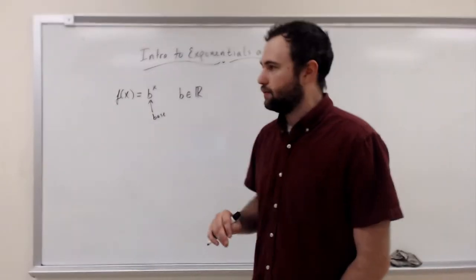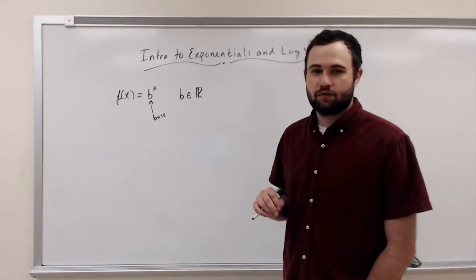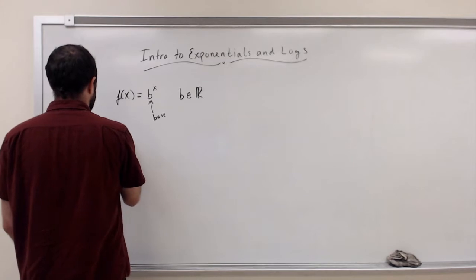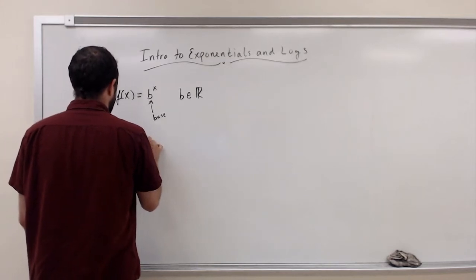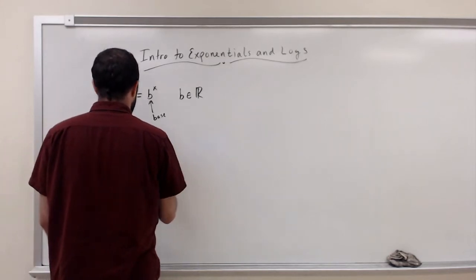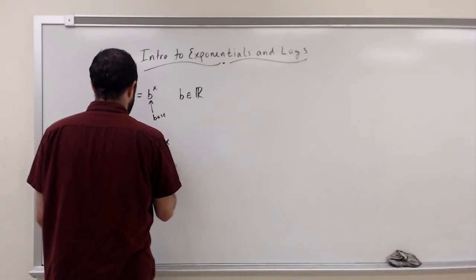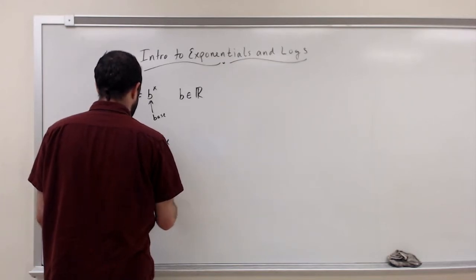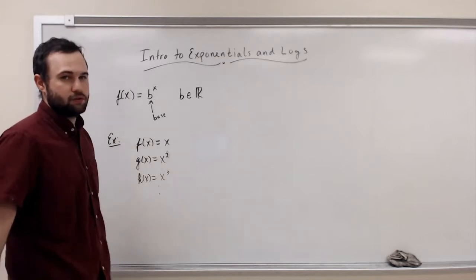function will look like. Now, exponentials are a little different than all the functions we've seen before. For example, if we look at f of x equals x, g of x equals x squared, h of x equals x cubed, and on and on and on. We've seen quite a few of these functions before.